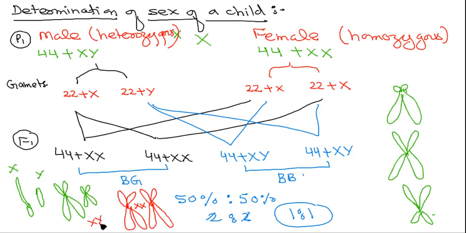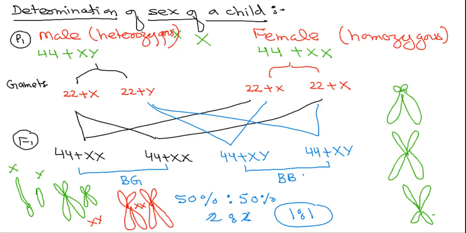Good. Autosomes are those which carry genes for body characters and general physiology. Autosomes are represented by letter A, while sex chromosomes are represented by letters X, Y, Z, W.